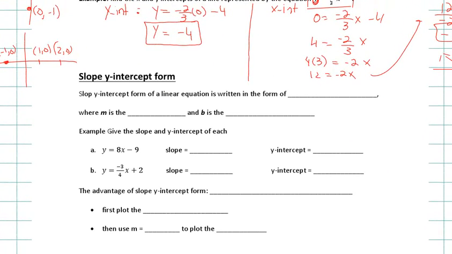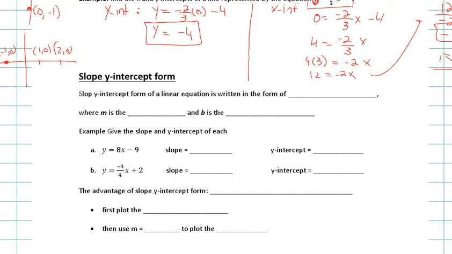Okay. Now, basically what we learned so far is just finding the x-intercept and the y-intercept. Now we're going to learn how to convert between the standard form and the slope y-intercept form.